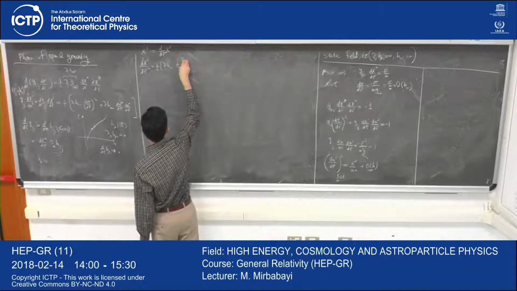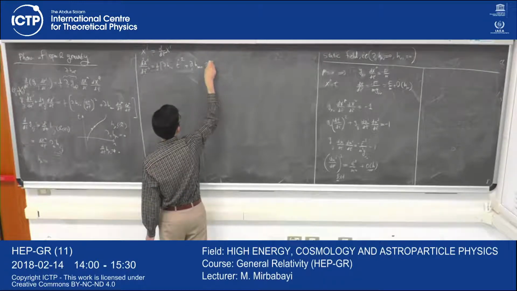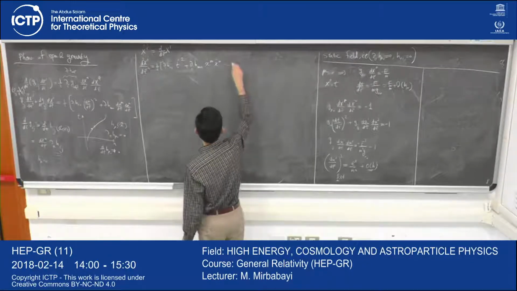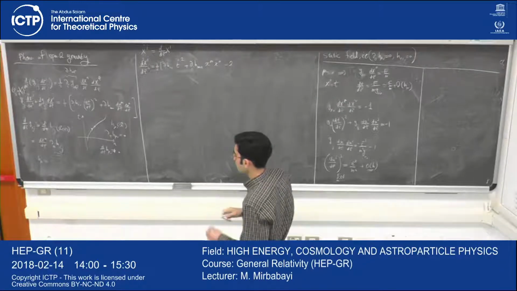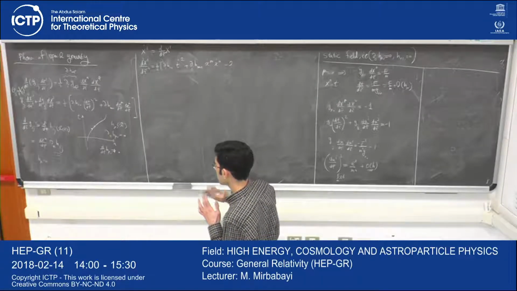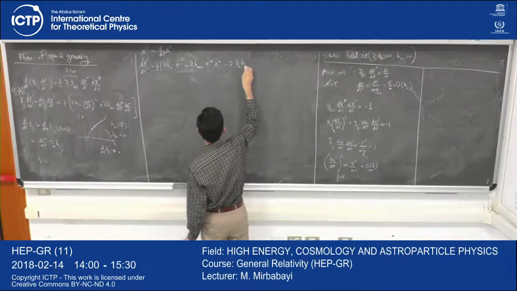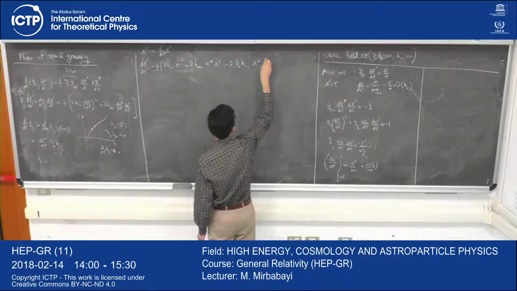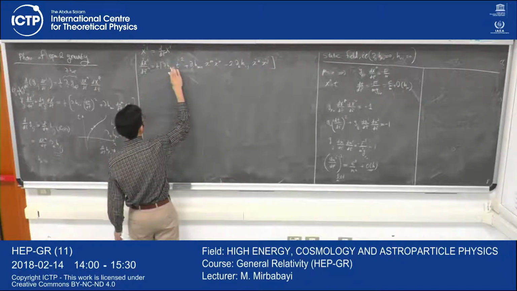So now I get t dot squared plus d_i h_mn x_m dot x_n dot minus twice, and so on, some equation like this.